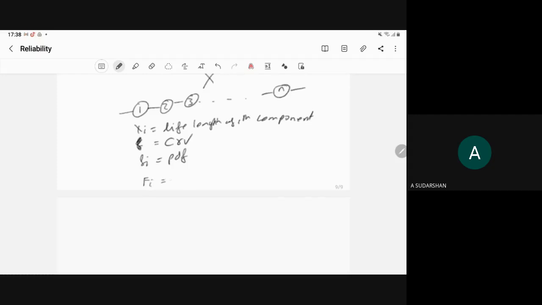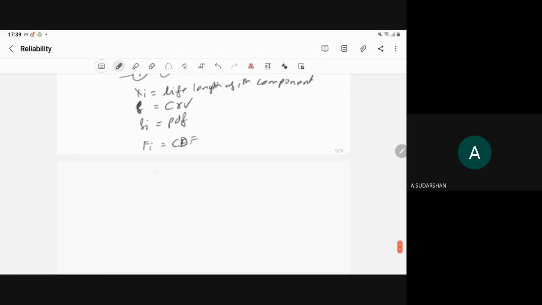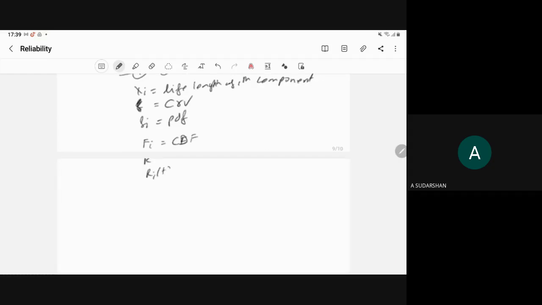Capital Fi is the CDF of the life length of the ith component. Ri(t) is the reliability of the ith component.